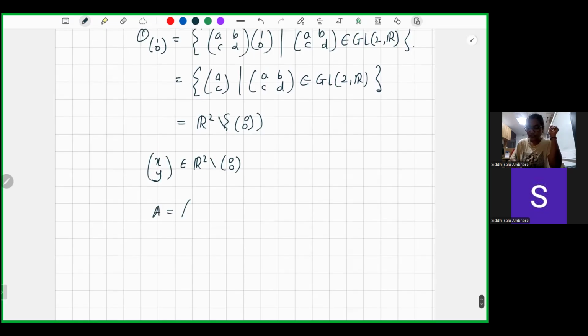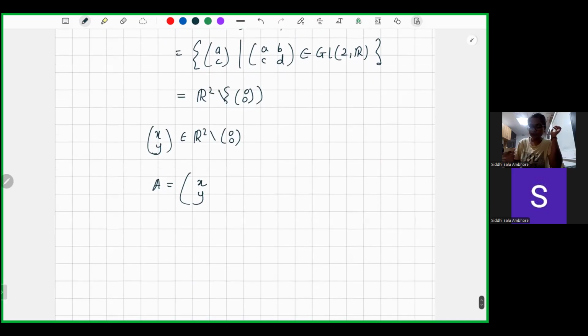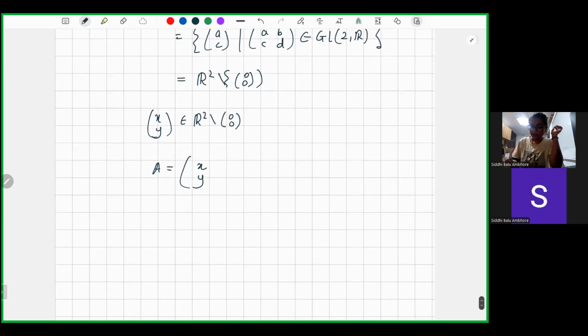Then I can choose the matrix with first column x, y. Since x comma y is not equal to 0, 0, either x is non-zero or y is non-zero.